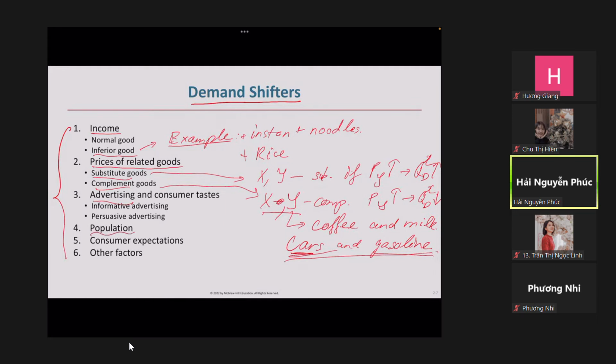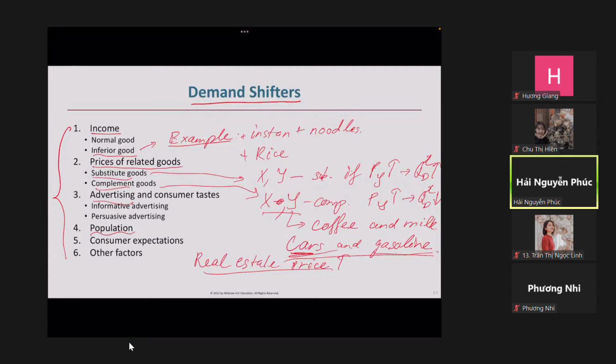Population, all right. For example, we can see that the real estate price in Vietnam for the last 20 years increased sharply because we have a significant increase in the population in big cities like Hanoi and Ho Chi Minh City and so on, right?